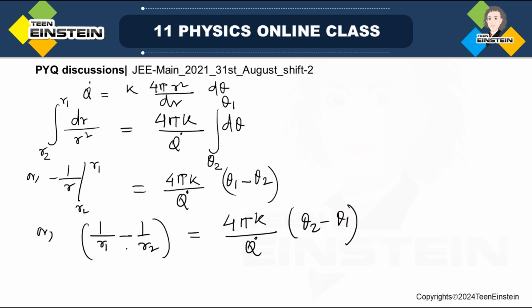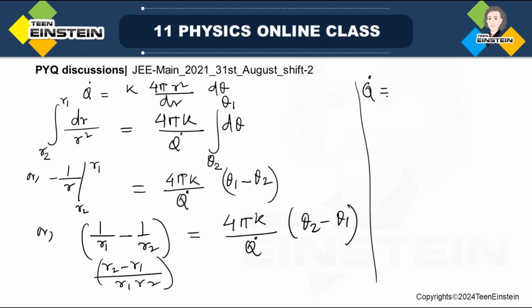From here we'll get our q dot, that is the question we have to find. This thing you can write as r2 minus r1 divided by r1 r2.